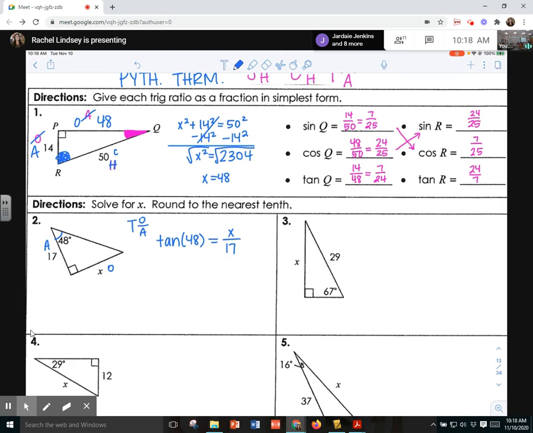So when you put that in the calculator, when you multiply 17 on both sides, what do you get for x? 18.9.